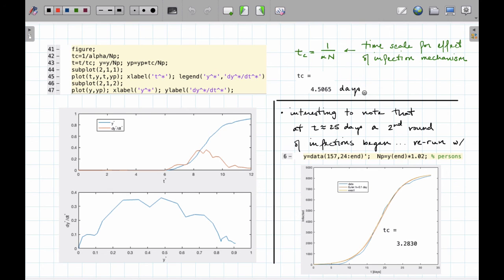In our problem, it's really interesting to note, as I said, that on about day 25, a second round of infections began with a different kind of dynamic.